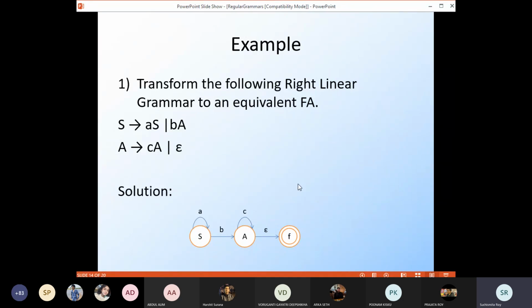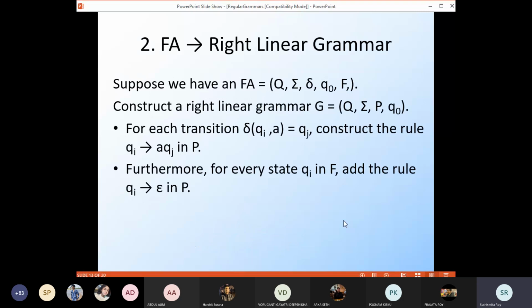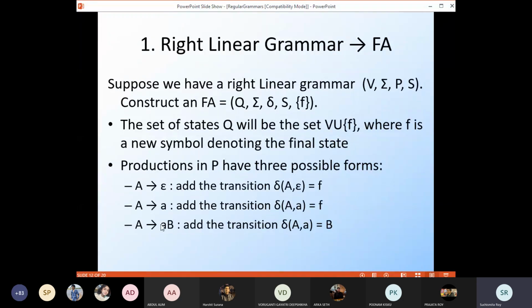In some books, this construction is given slightly differently. What it says is that if you can remove it, then you make this itself the final state. So that is also possible. It is basically the same. So let's go back here. What it says is, if there is a production of the form A goes to epsilon, then add the transition from A to the final state on epsilon.